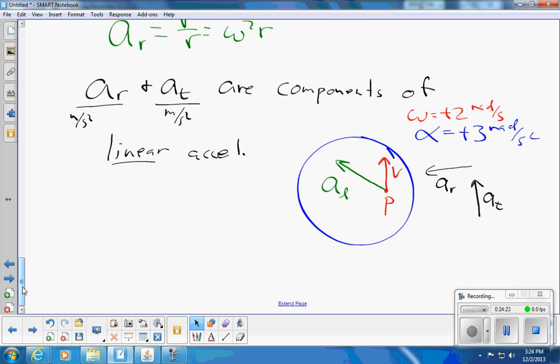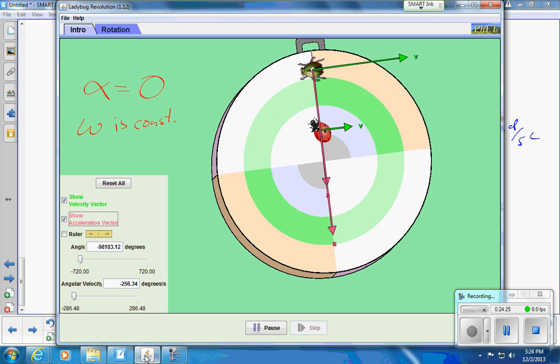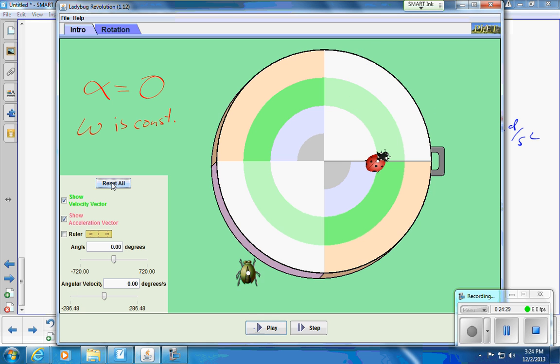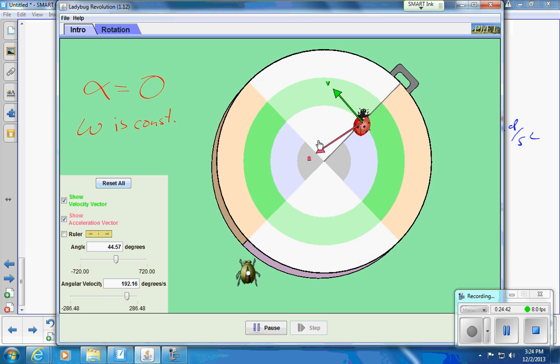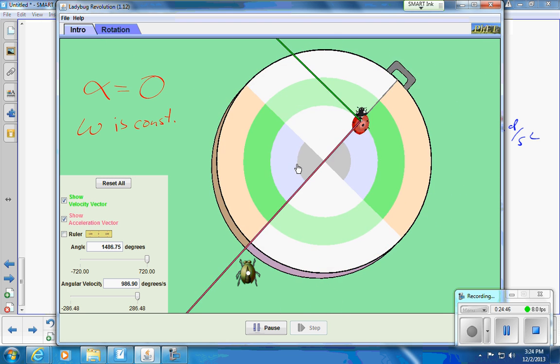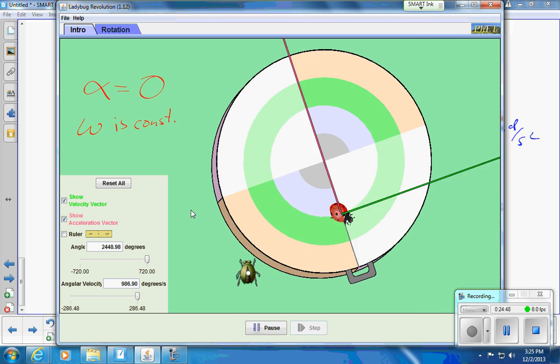And I might be able to show you this in our cute little simulation. I'm going to pause this and reset it. What I'm going to do here is try to manually rotate this thing faster and faster and faster and see if you can. That was, I don't know how convincing that was.